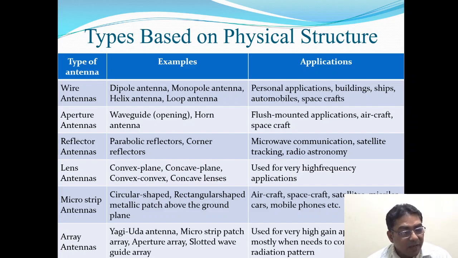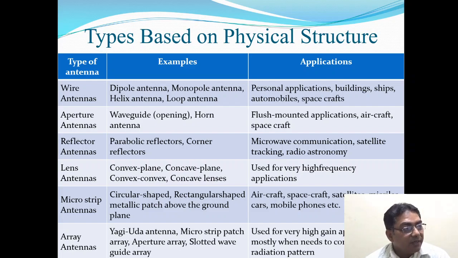Then after that, microstrip antennas. In fact, microstrip antennas are actually very popular these days. It is replacing many other antennas, whether it is your mobile phone, your antennas in the aeroplane, or satellite or missile. In the majority of places microstrip antennas are being used.